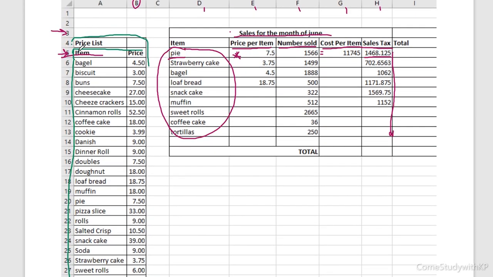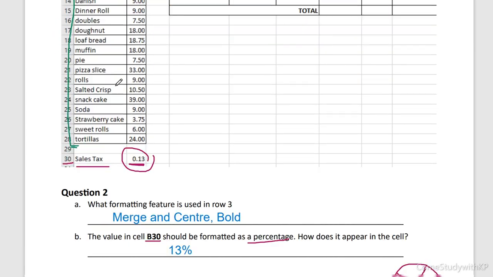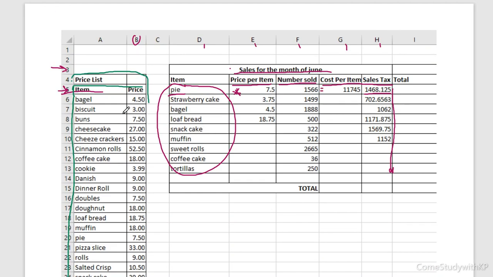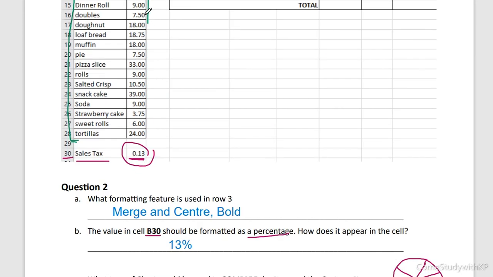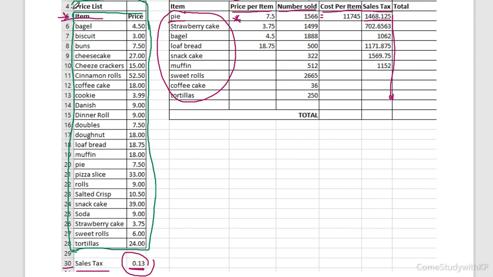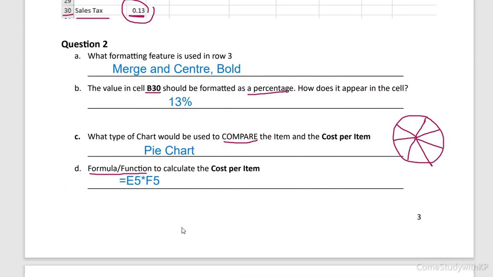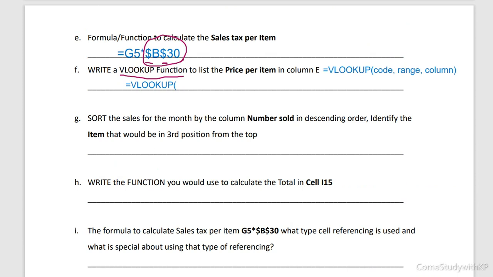So we're going from A5 to B28. You see that? We're looking for the price list in these two columns, A and B. We'll start from A5 to B28. So that would be our range.